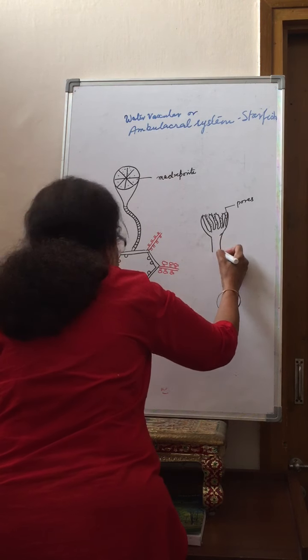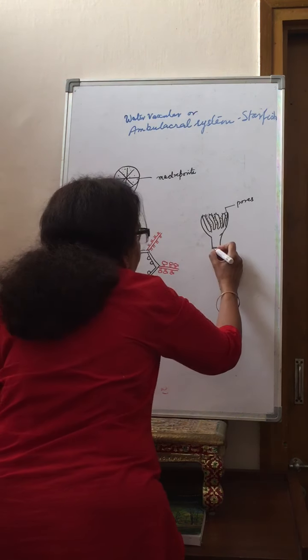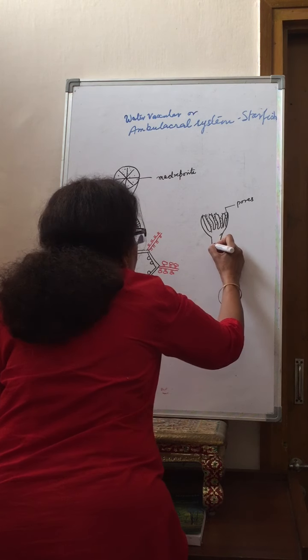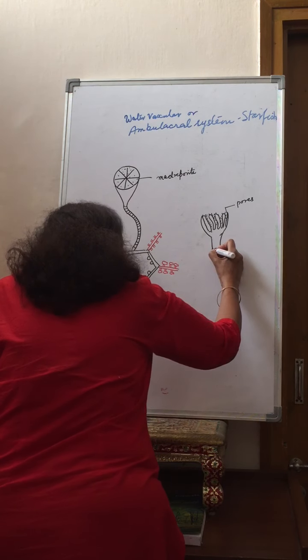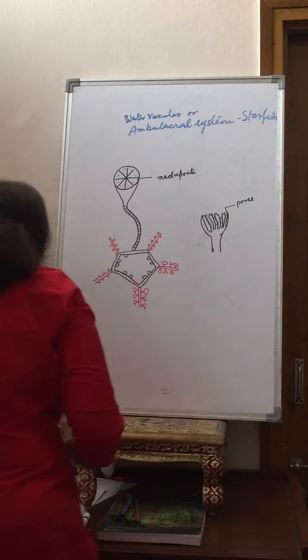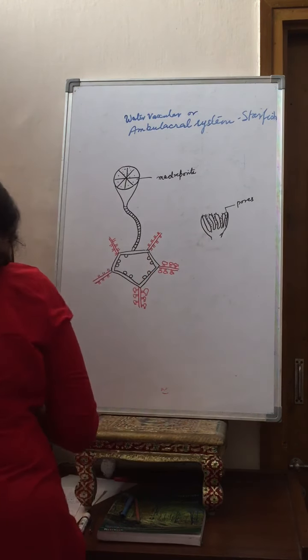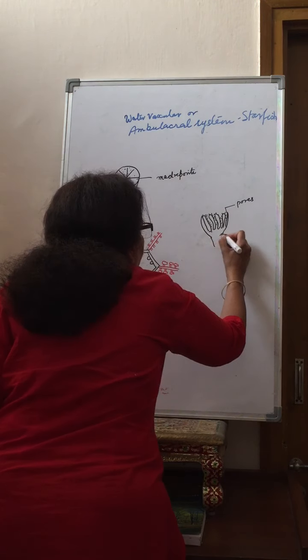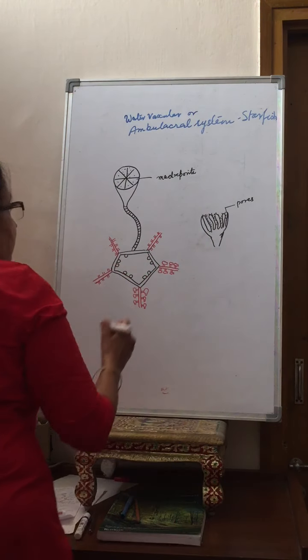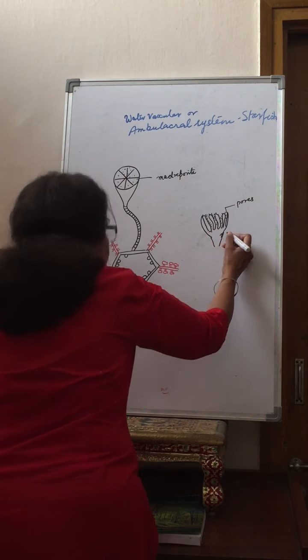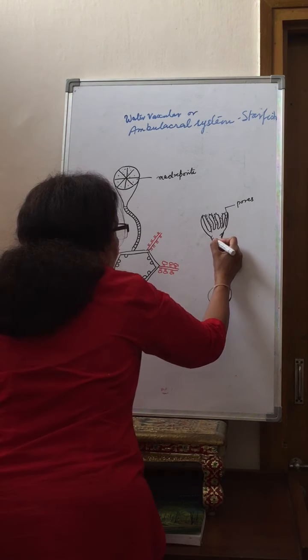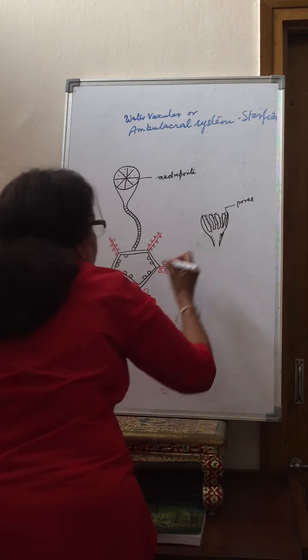This is the ampulla, and it leads to the stone canal. These are the pores, and it is all ciliated. The ampulla is also ciliated.